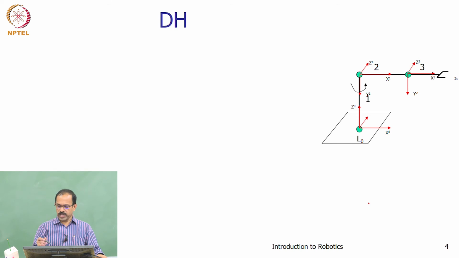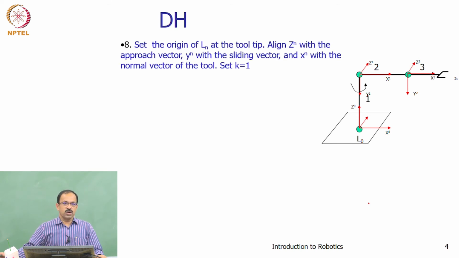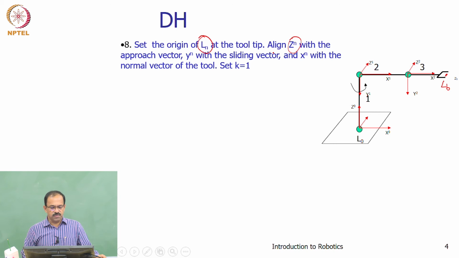Okay, so this is the way you get it. And the last one: set the origin Ln, that is L6, the last origin of the last coordinate frame, at the tooltip. So I will set the origin L6 at the tooltip. Align Z6 with the approach vector.